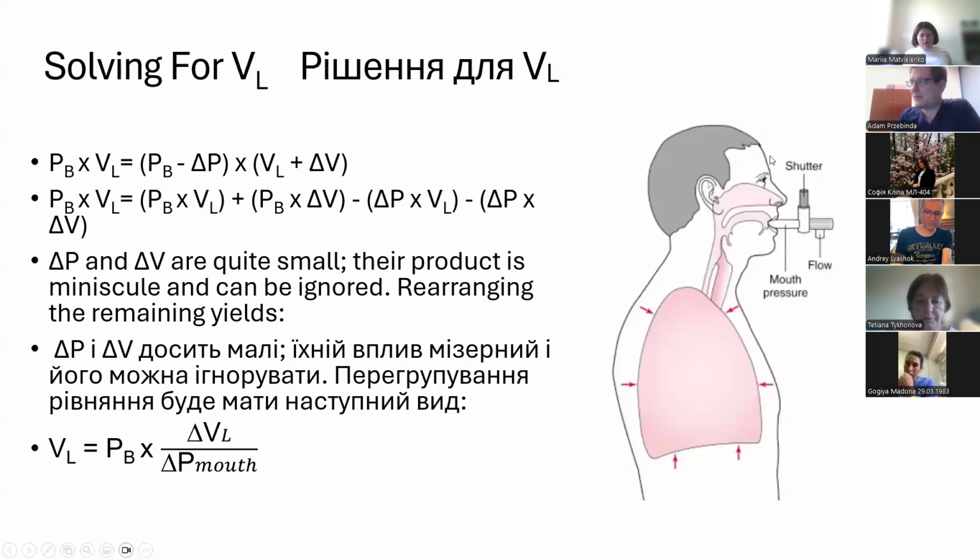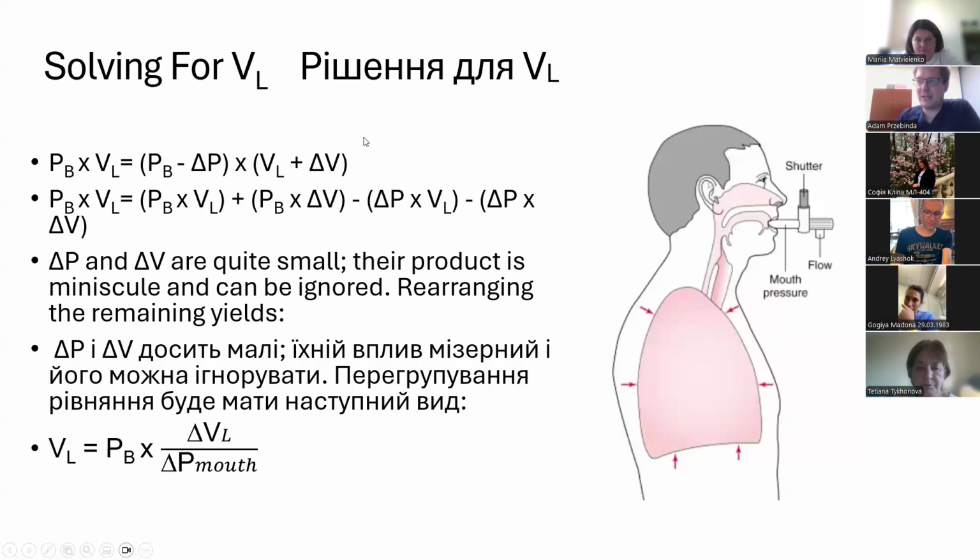And you can see on the diagram, the patient has this device where there's a shutter that closes it. Now the patient pants against this closed shutter, and we can measure the pressure. You can see the lungs will go in and out. The chest will go in and out, and of course there will be pressure change.